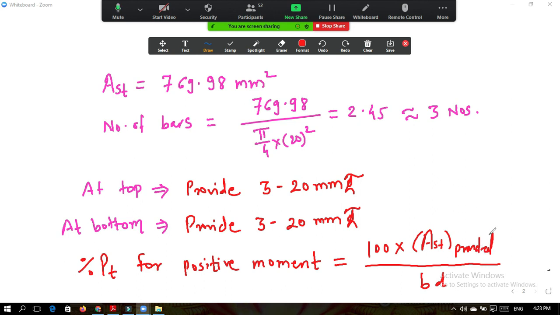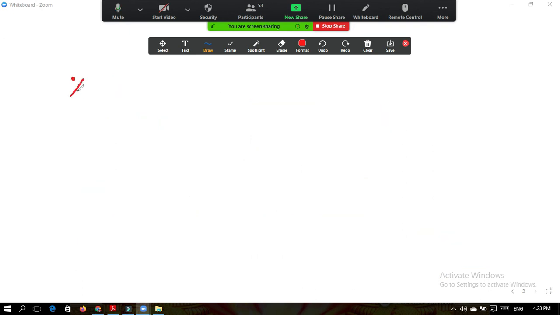AST provided is 3 into pi by 4 into 20 square, that is your AST provided: 20 diameter bars, 3 bars we have.